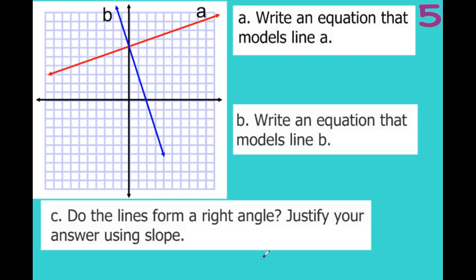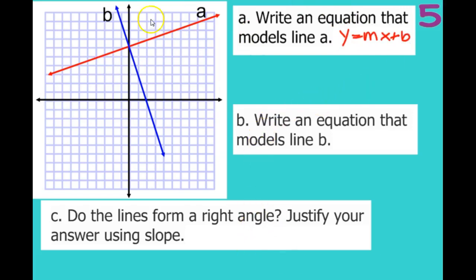Our last problem. I would like you to try this one on your own. We did one like this the other day, and then check to see if your answer is correct. It says write an equation that models line A, first the red line, and we want an equation in the form y equals mx plus b.